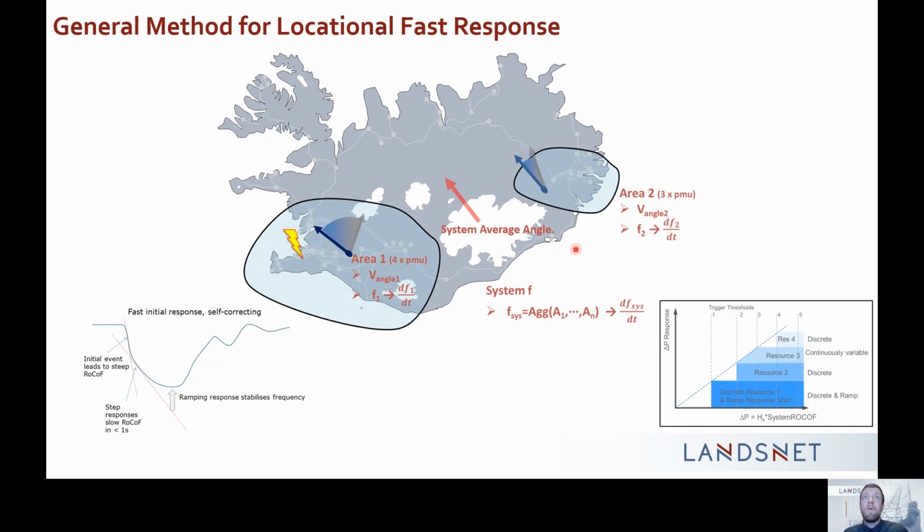But that number can also be changed and adjusted if the system changes drastically, or in another system, if this was implemented, it could have a real-time update of the inertia value. And from the inertia value, we can stack up the response in different thresholds. So we can ask for all the steps you have available in the response itself, and we link that, as I say, to the inertia of each region.